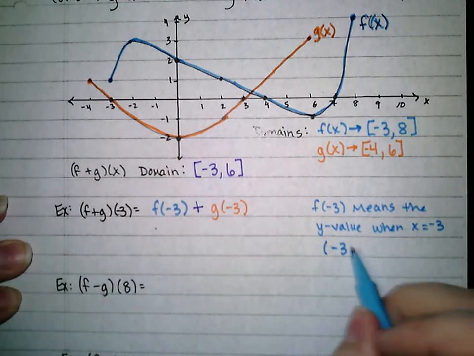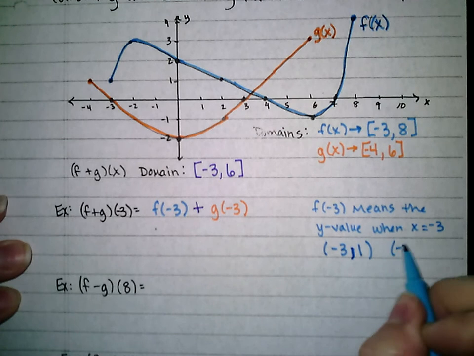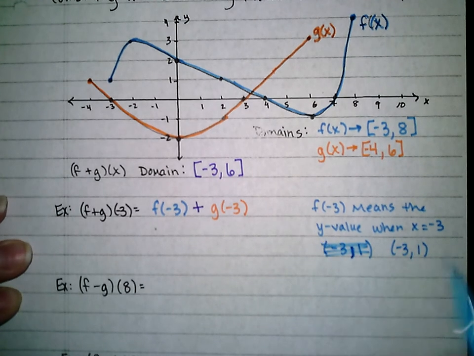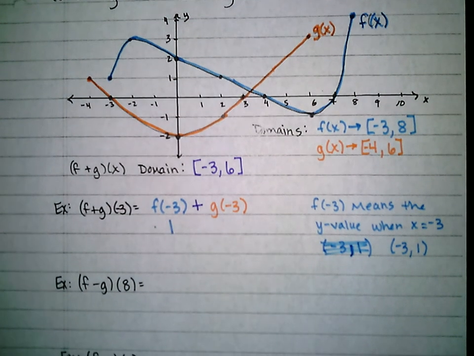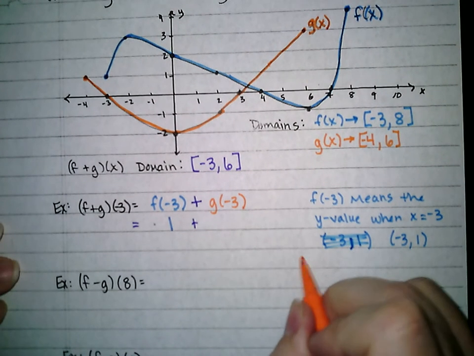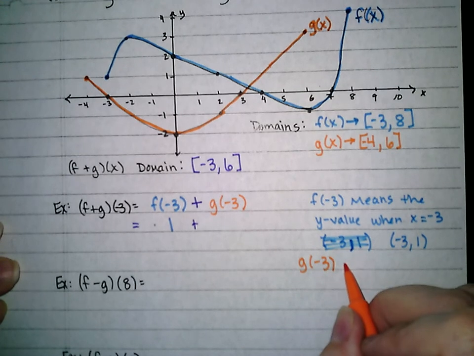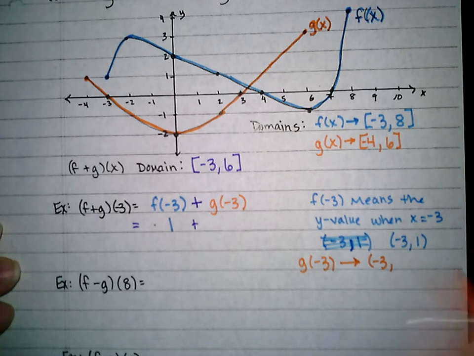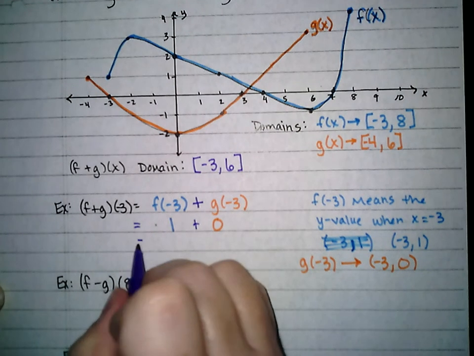The y value is 1. So -3, 1. Okay, so f of -3 is 1. So I can replace f of -3 with 1 plus, and then g of -3, I'm looking on the g of x function for that ordered pair, and I need the y value when x is -3. So -3, 0. So g of -3 is 0. So f plus g of -3 ends up being 1.